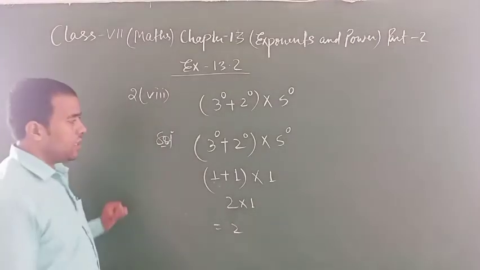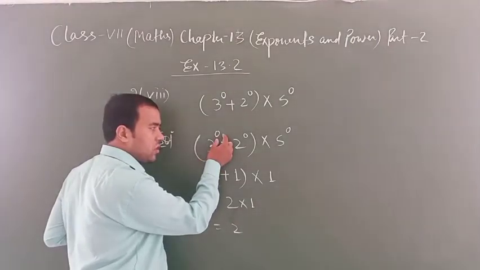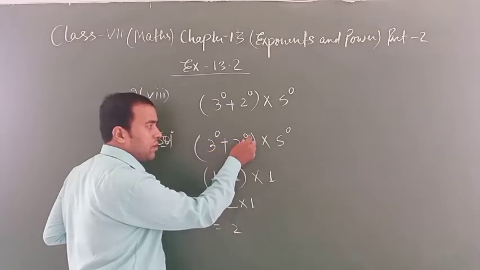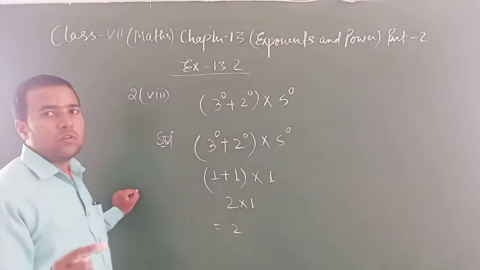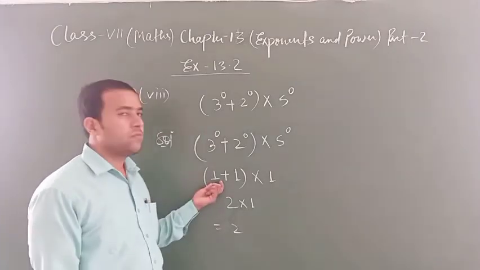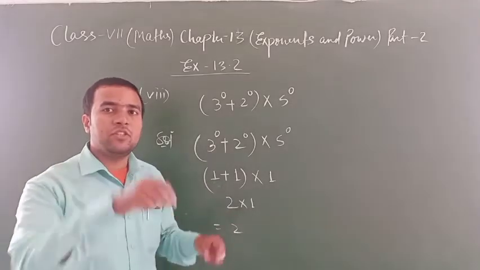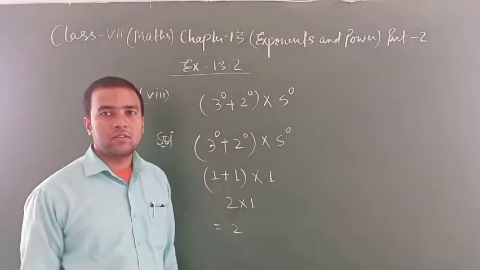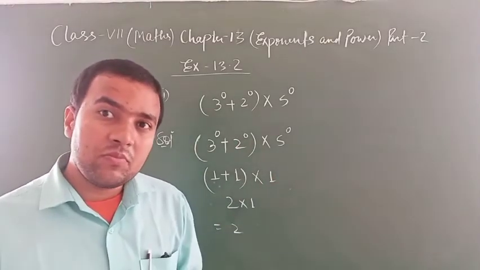Listen carefully. If any number's power is given 0, that number's value will be 1. Clear? A power 0 means 1. D power 0 means 1. 10 power 0 means 1.